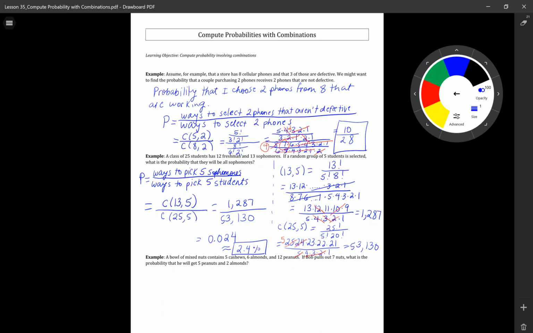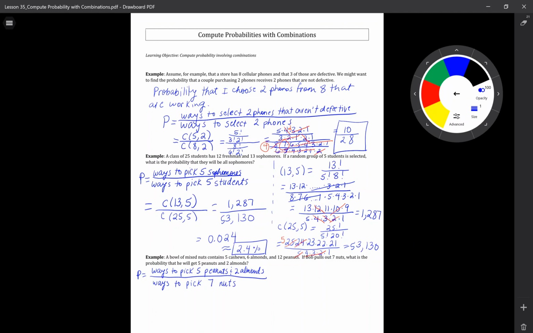So my probability here is the ways to pick 5 peanuts and 2 almonds, divided by the ways to pick 7 nuts.